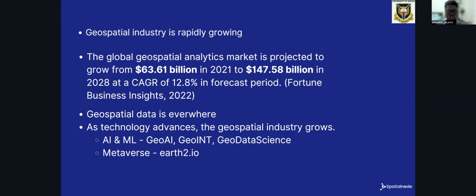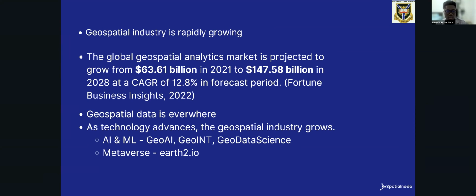So this is the geospatial industry at a glance, and 2028 is still far. We still have about 6 years to 2028. So if you have some ideas in mind, problems you want to solve, I really recommend you look into this industry and find a way to solve these problems.